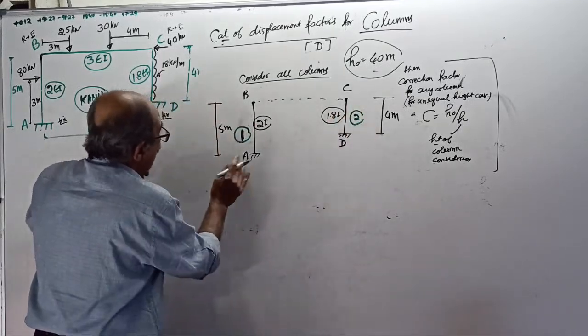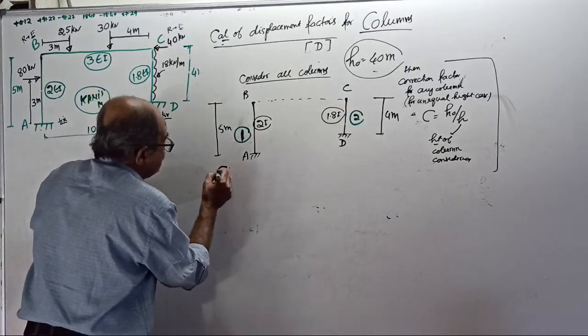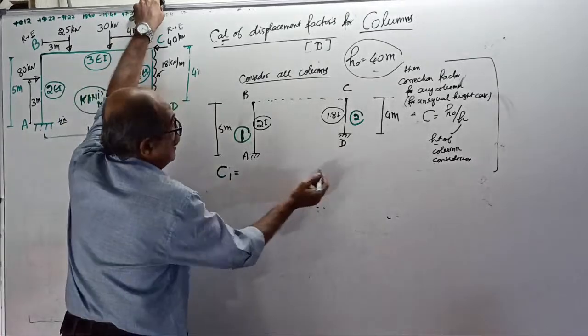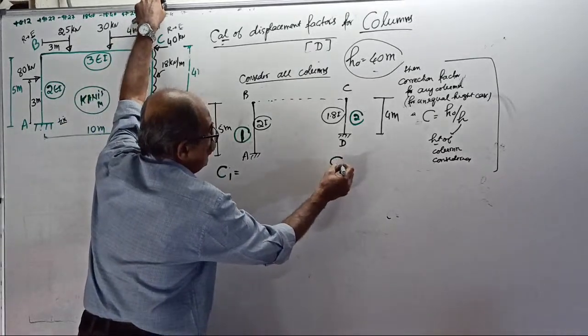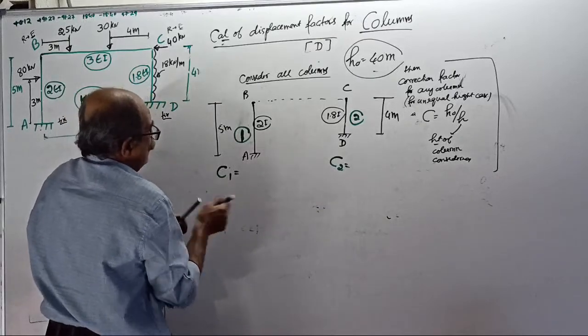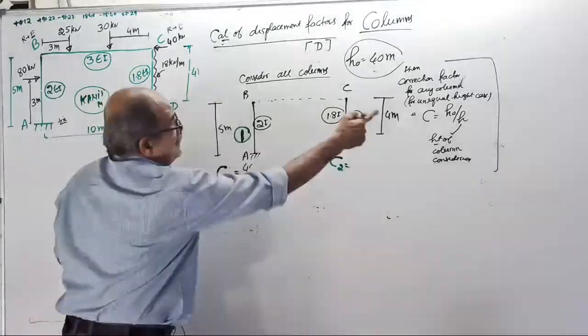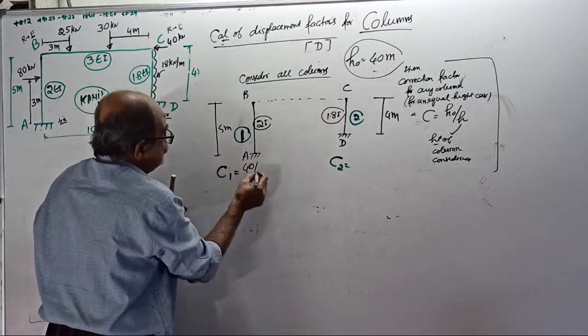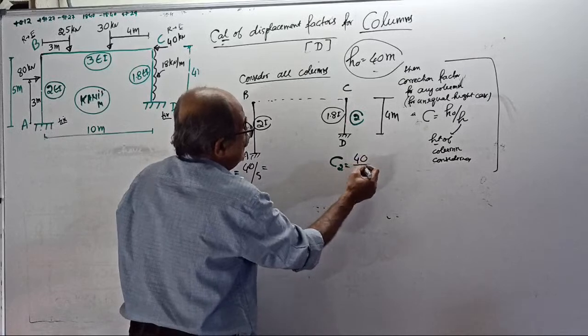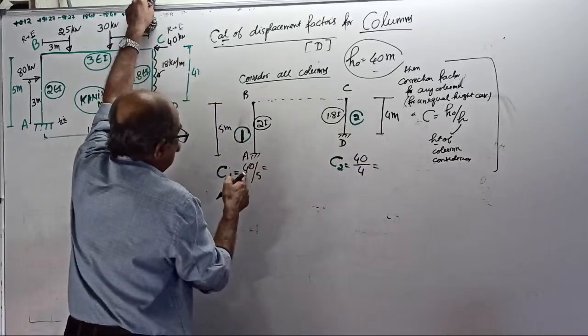Start. Below right here, the correction factor C for column 1, and the correction factor for column 2, C2, equals the reference height 40 meter, as I wrote there, divided by the height, which is 5. Here, reference is 40 divided by 4, and 40 by 5.